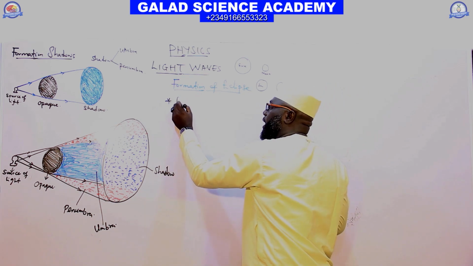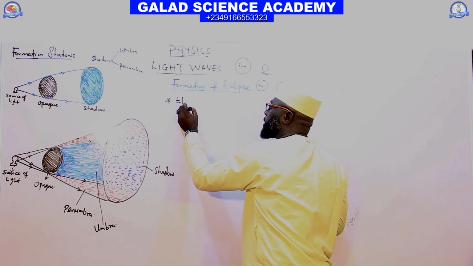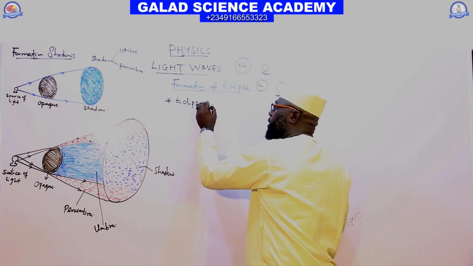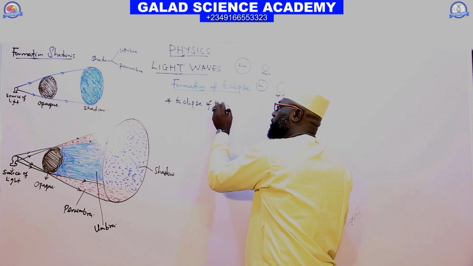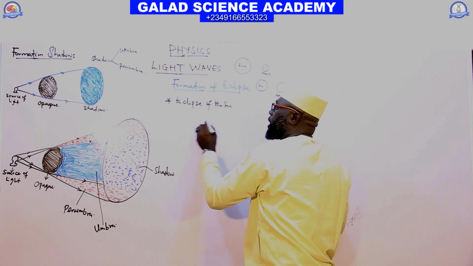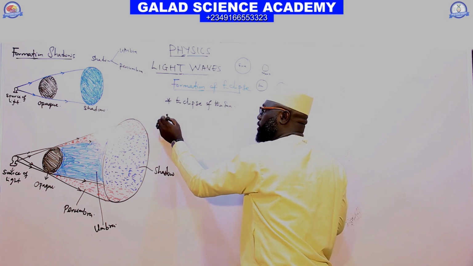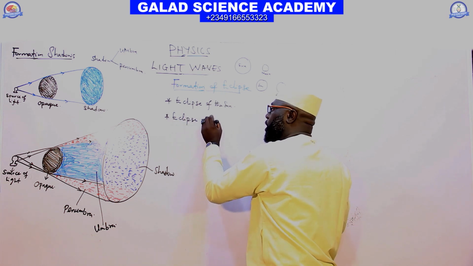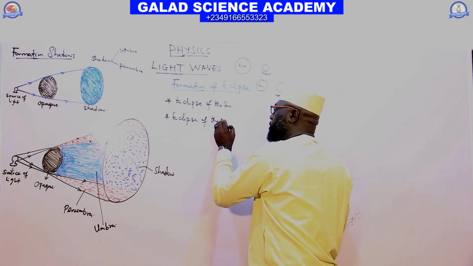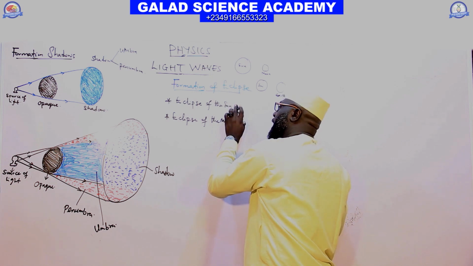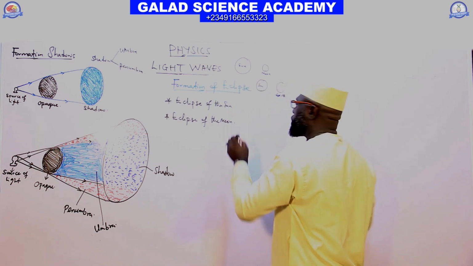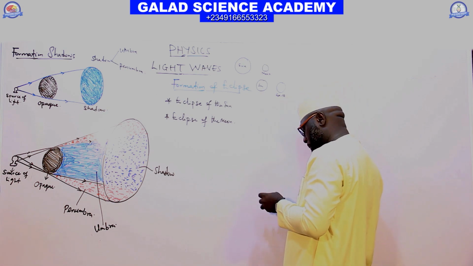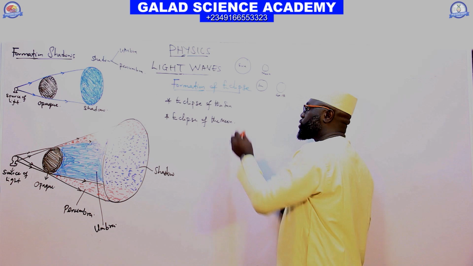We have eclipse of the sun, and we also have eclipse of the moon. The eclipse of the sun, we can also call solar eclipse.